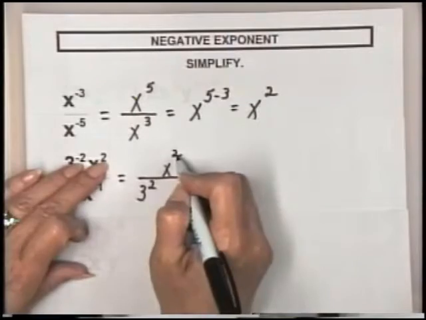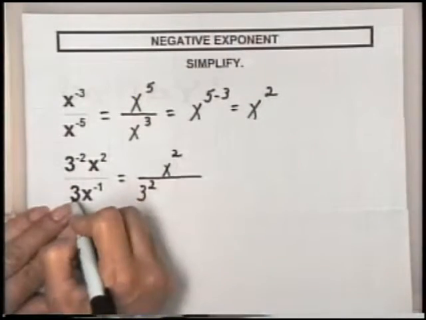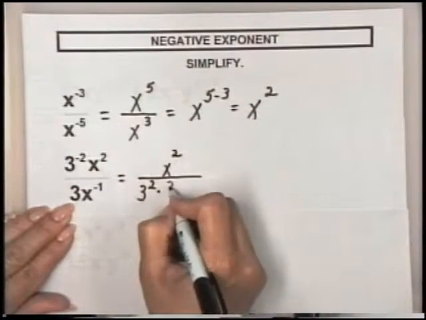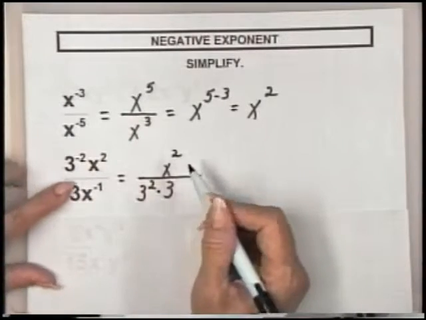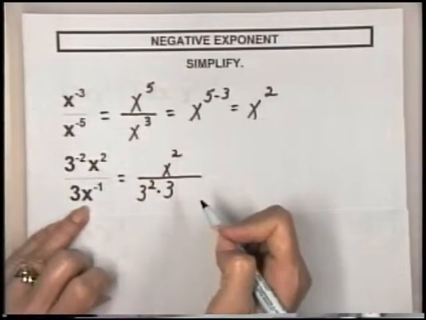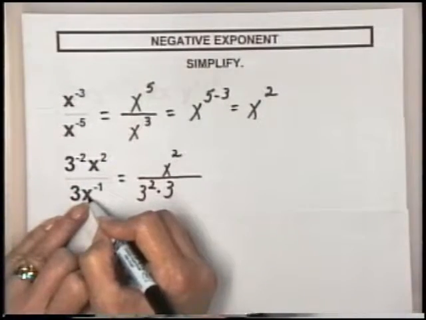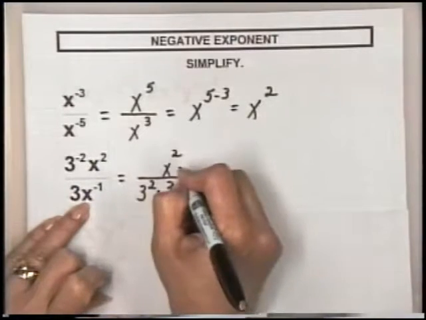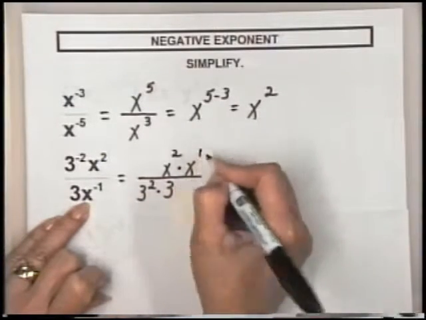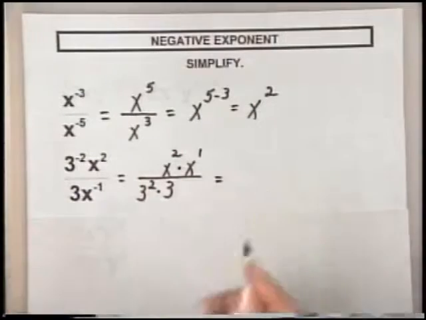The x squared will stay in the numerator because it has a positive power. The 3 in the denominator will stay in the denominator because it's understood to have a power of positive 1. But the x to the negative 1 power will move to the numerator as x to the first.